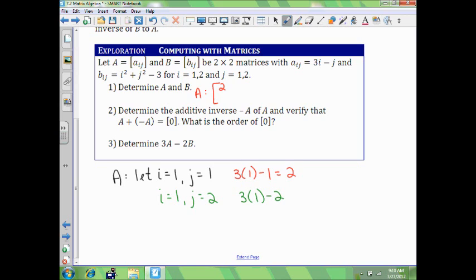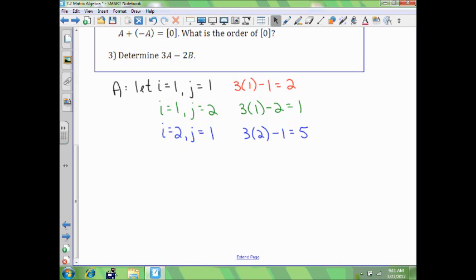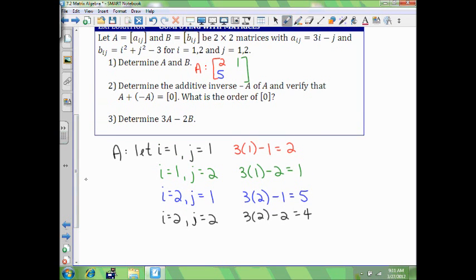So 3 by 1 minus 2, which will be 1. Now, second row, first column, 3 by 2 minus 1 is 5. Then our second row, second column, this will be 4. So there is matrix A.